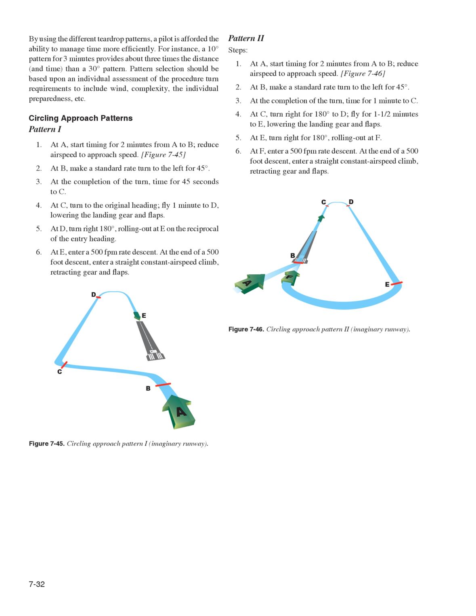At C, turn right for 180 degrees to D, fly for 1/2 minutes to E, lowering the landing gear and flaps. 5. At E, turn right for 180 degrees, rolling out at F. 6. At F, enter a 500 fpm rate descent. At the end of a 500-foot descent, enter a straight constant airspeed climb, retracting gear and flaps. Figure 5-45-2.